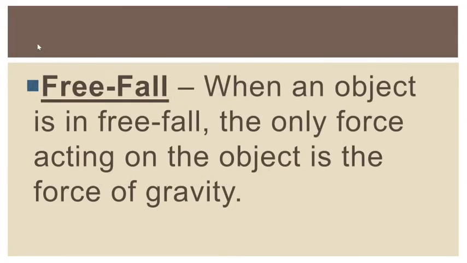The definition of free fall is that when an object is in free fall, the only force acting on the object is the force of gravity. The only force that acts on the object is the gravitational force when an object is truly considered to be in free fall.